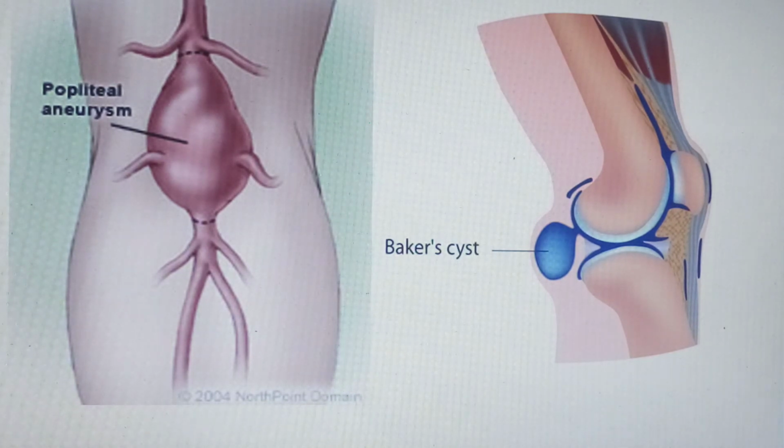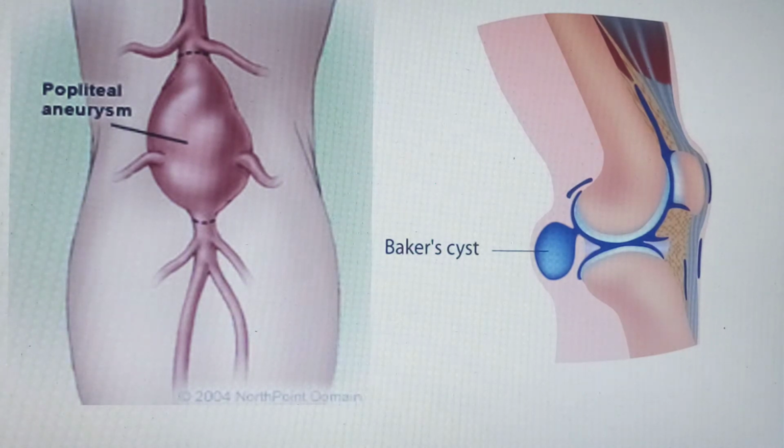Now, again, there could be inflammation. I told you that deep to the popliteus muscle will be the popliteal bursa. Through bacterial infections, this bursa could result in inflammation. When it inflames, and if it's not taken care of, it could rupture.